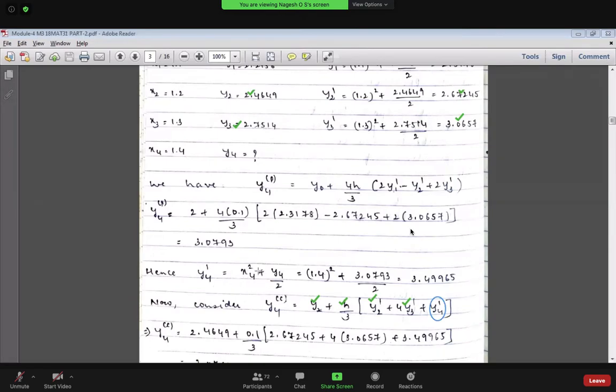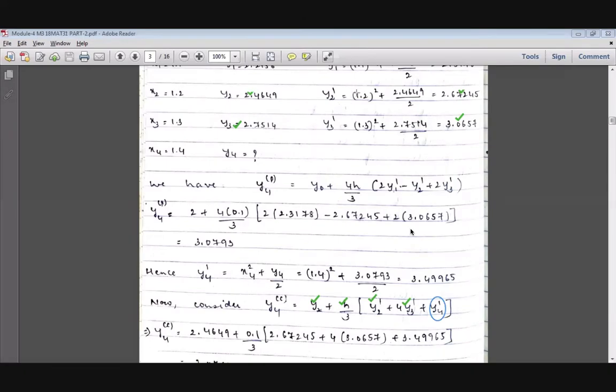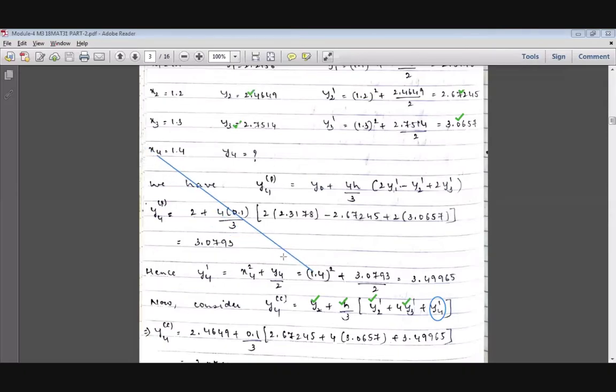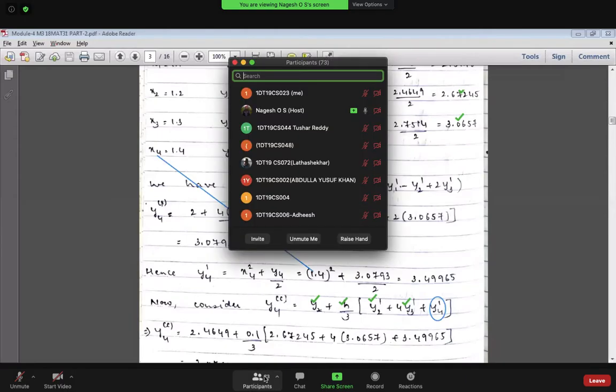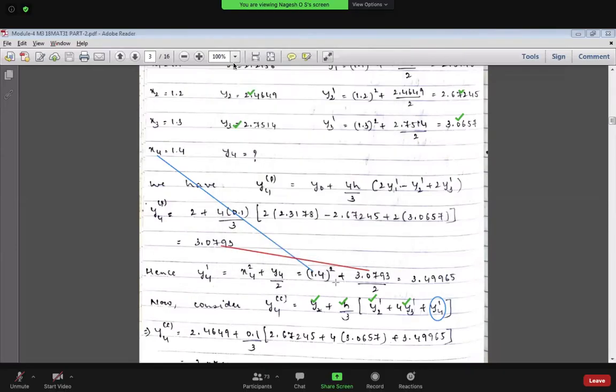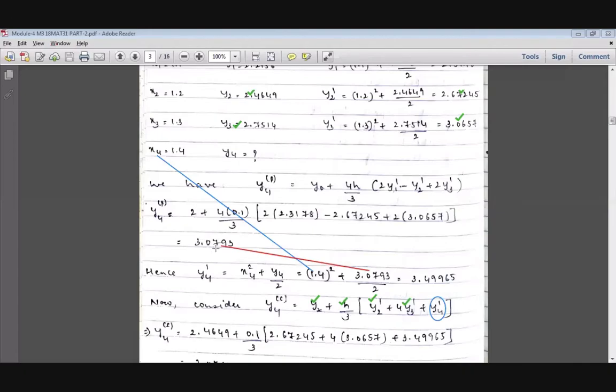Y4 dash will be x4 square plus y4 by 2. What is x4? X4 is 1.2. Here we have x4. Then what is y4? For this y4 you have to use the answer you got in the predictor.